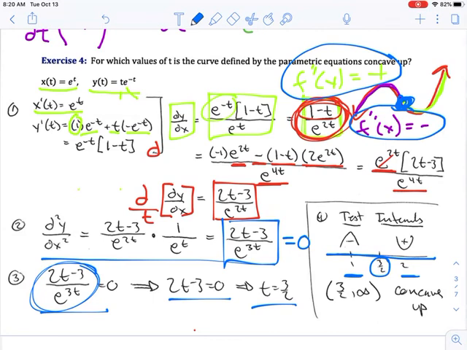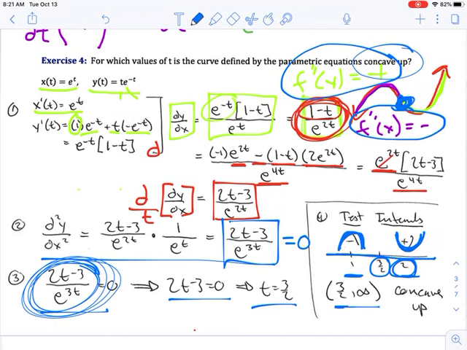When I plug 1 in, I end up with a negative number, which means we are concave down. When I plug 2 in, I end up with a positive number, which means we are concave up. We want to know where it's concave up, which means from the point of inflection, 3/2, to the right, toward positive infinity. So from 3/2 to infinity, the graph is concave up.